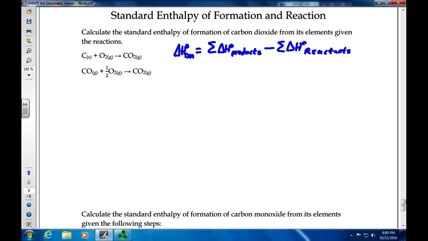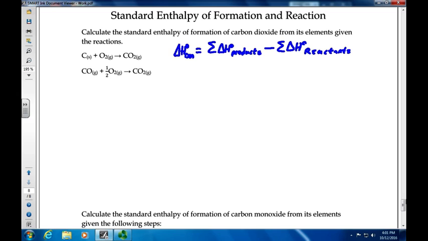Now, the numbers that I'm going to be throwing out are taken from your book. Most, if not all, chemistry books will have a list of the standard heat of formation for all different types of molecules, specifically with the idea in mind that you're going to be using Hess's law or other thermochemical equations, and you'll need to be able to have access to them.